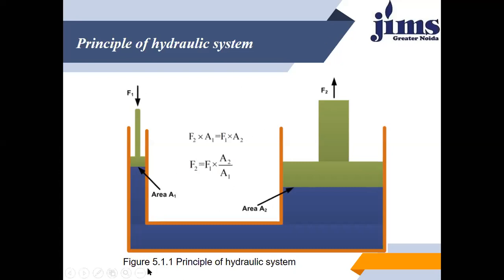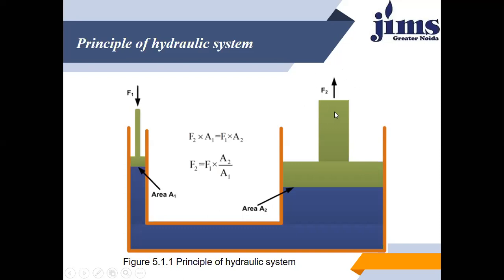Let us suppose you see this. This is a closed vessel, a closed system, in which we apply the force F1 at the smaller cylinder piston assembly side. And what is the force F2? I already told you. F2 is the output of the bigger cylinder.